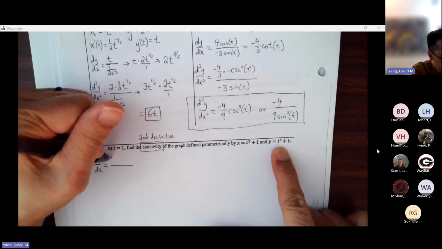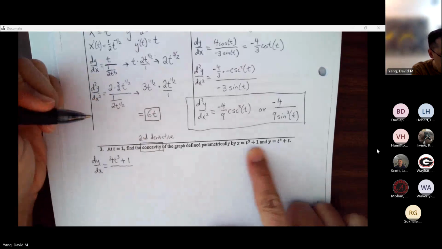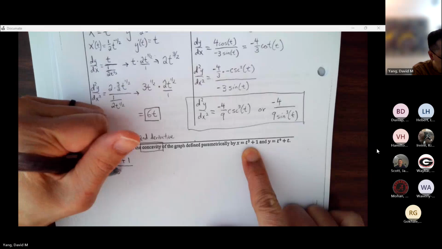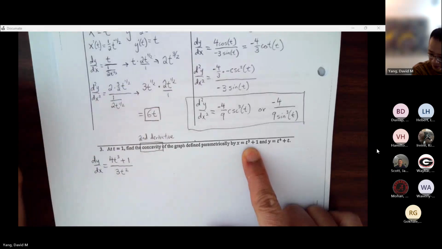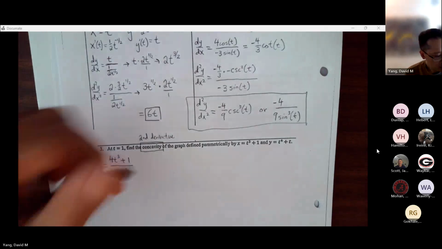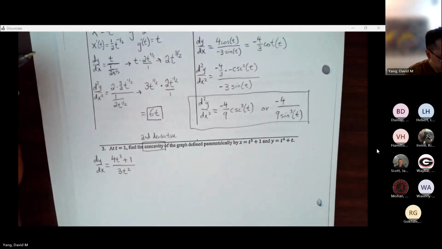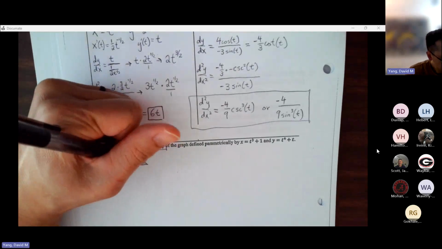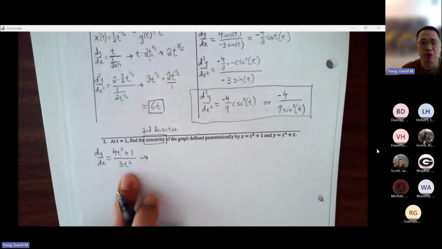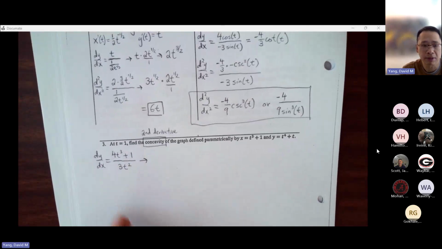Y prime, x prime. So I'm going to just split them up into individual fractions so that I don't have to go through quotient rule the next go around.